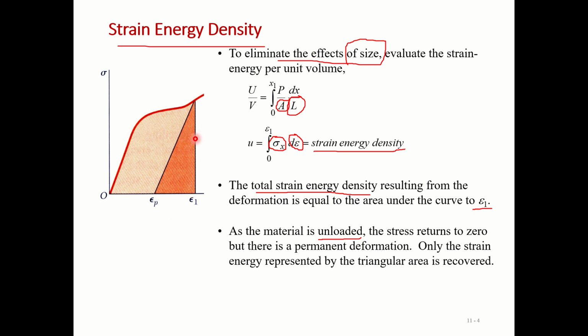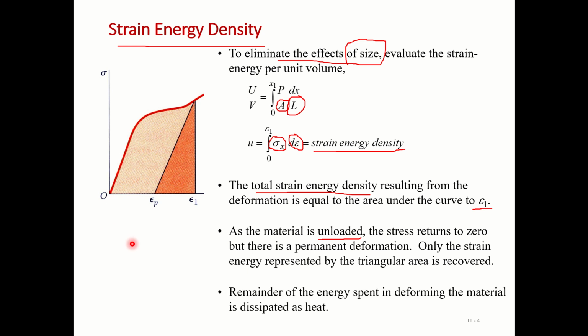So this is the triangular area, this is the recovered area, recovered energy, and this is the elastic energy which is recovered, but this amount of energy that is related to the plastic deformation is not recovered. So remainder of the energy spent in deforming the material is dissipated as heat.